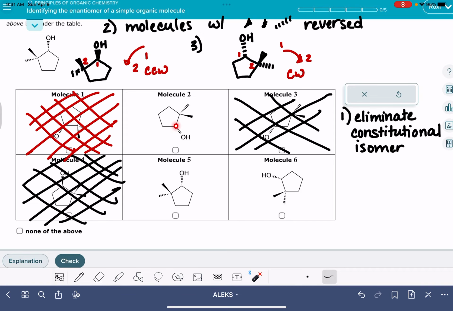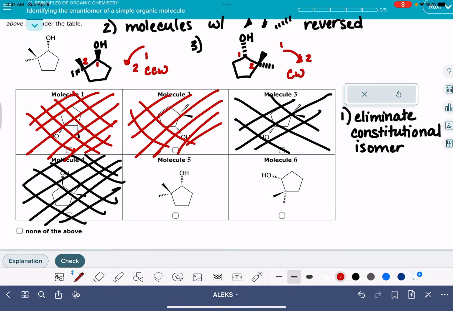Here's our OH, and I want the methyl groups to be clockwise. The methyl groups are counterclockwise. So this is also not an enantiomer, going in the wrong direction. Here's our OH group on the dash. The methyl groups again are counterclockwise. This would be the clockwise position.